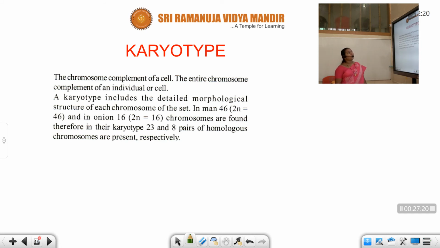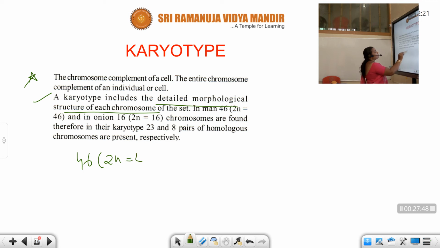Another important topic is the karyotype. Let us study the karyotype: the entire chromosome complement of an individual or a cell. A karyotype includes detailed morphological structures of each chromosome of a set. In man, 2n is equal to 46.